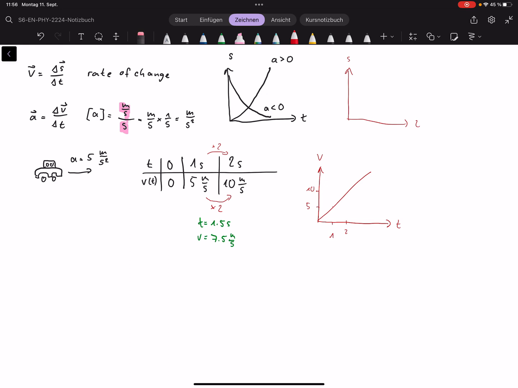So in an s-t diagram, a straight line means that v is constant, and in a t-v diagram, a straight line means that a is constant, because the gradient is constant here and a is per definition the rate of change of velocity.